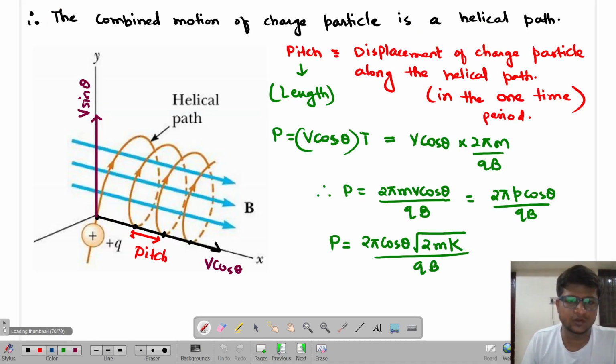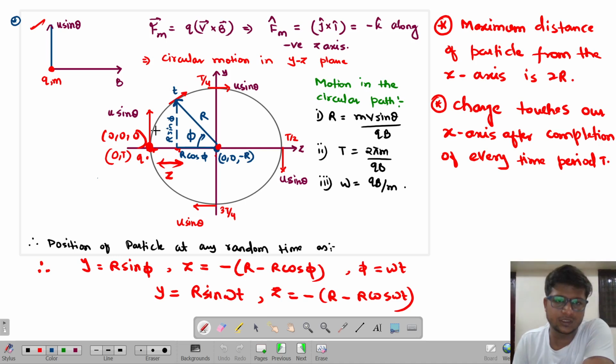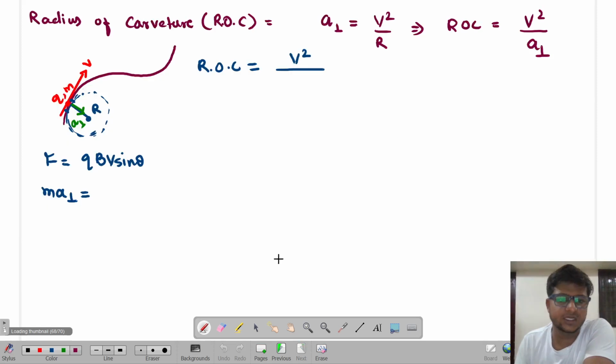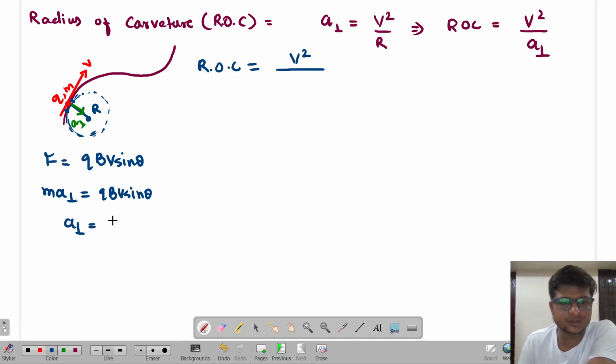This force is working in the perpendicular direction, and only then is this particle rotating. At any time, the charged particle is feeling perpendicular forces. So this perpendicular force must be equal to BQV sine theta. So m a perpendicular is equal to BQV sine theta, and acceleration perpendicular is BQV sine theta by mass.